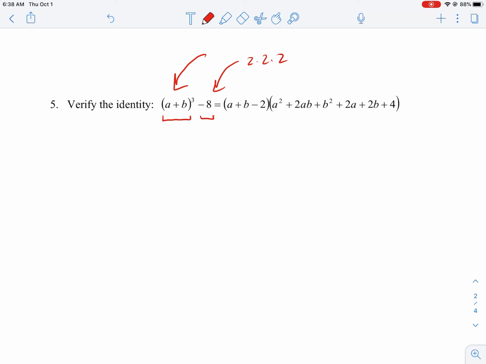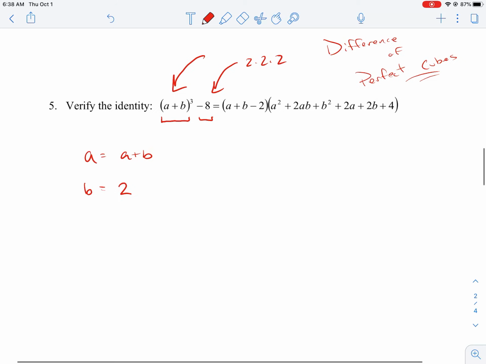So here we have a difference. Whoops, difference goes with an I. Difference of perfect cubes. So our a value here is just a plus b. Our b value is 2.